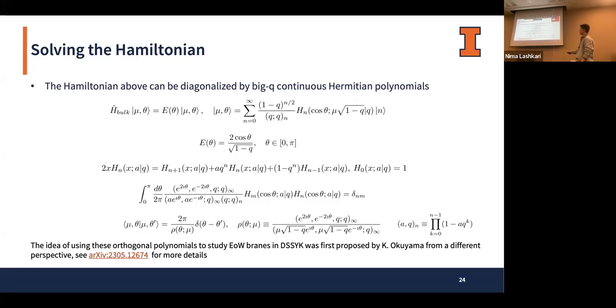I have to point out that the idea of using these orthogonal polynomials to study end of the world branes was first proposed by Okuyama Kazumi from a different perspective, and you can see this paper for more details.